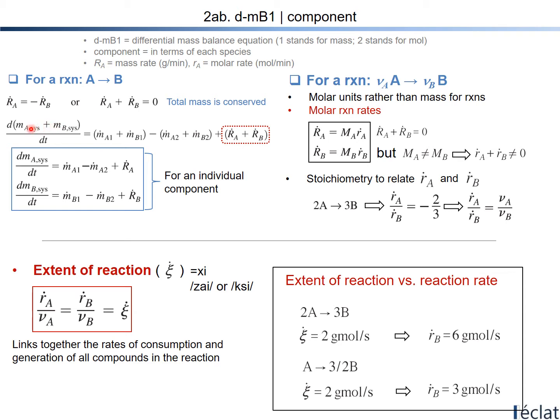So the total mass inside of the system is split into component A and component B. It's going to the total mass flow rate of input minus total mass flow rate of output, component A and component B. It was the original version of the total mass balance equation. There was no generation term and consumption term.